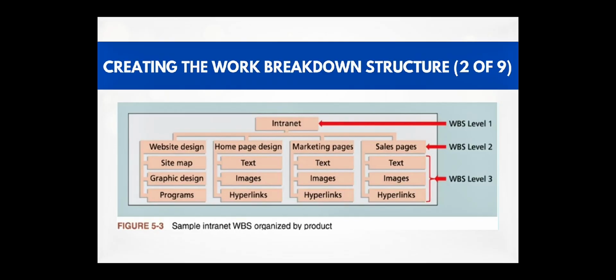In this example, the main products to be delivered are shown in level 2, called website design, home page design, marketing pages, and sales pages. Below them are level 3 items, such as sitemap, graphics, and design, and so on.